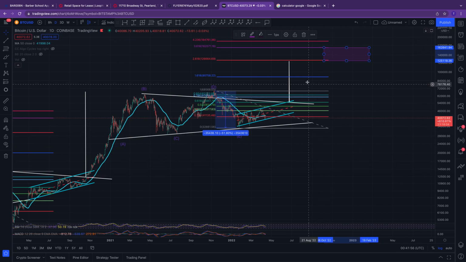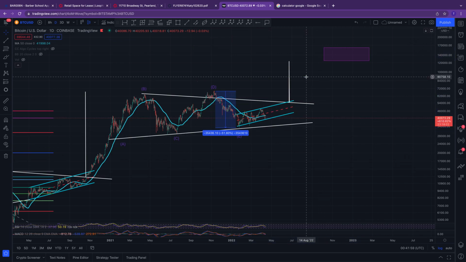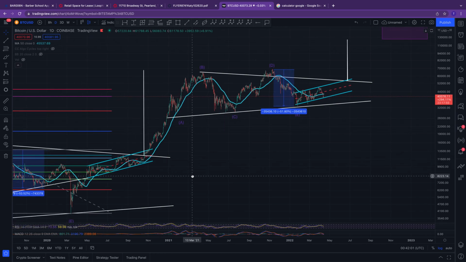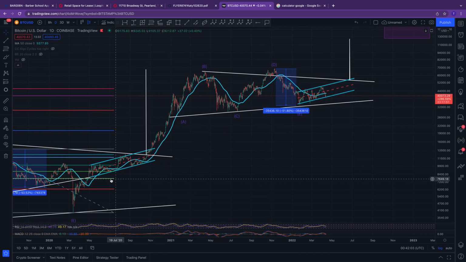And so time-wise, if we look at how long this channel was until the top, or let's just take the breakout portion to the top. This is a macro triangle, so we would assume that this will take longer than what we may experience now.